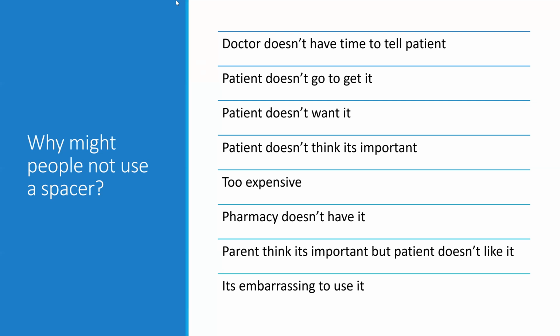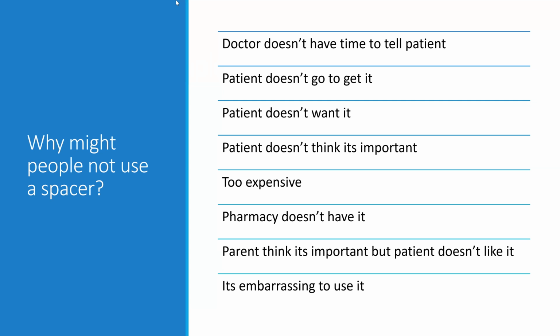It's too expensive maybe for them. So people have different ways of paying for their health interventions, and their insurance might not cover it, or maybe they lost one and now they can't get a second one. The pharmacy they go to might not have it. They might say, oh, we're out of stock, we don't carry that anymore.